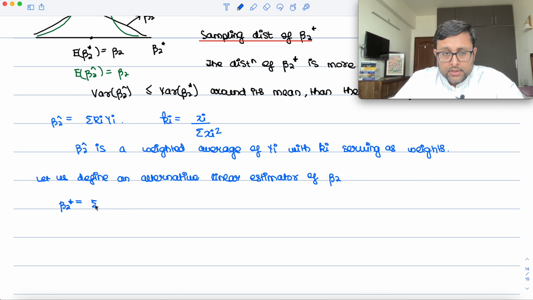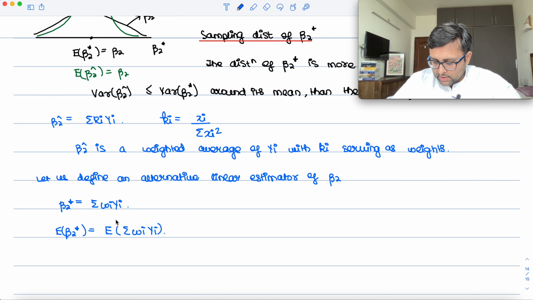Let's say beta 2 star is summation of wi yi. So E of beta 2 star is E of summation wi yi.